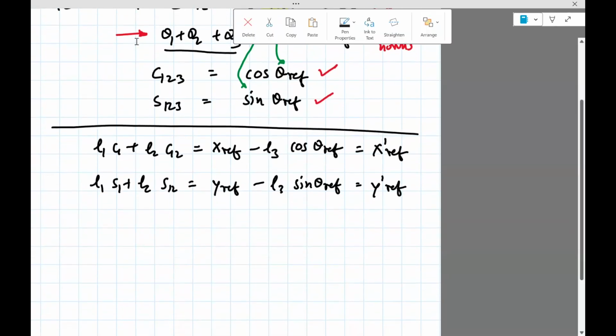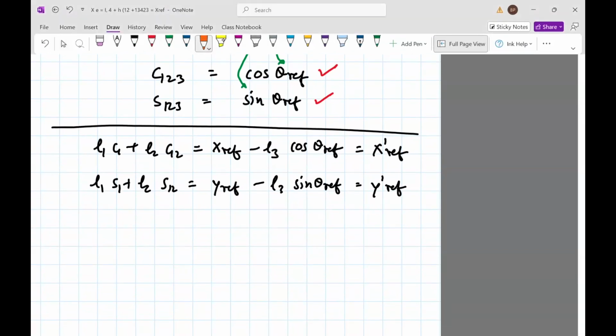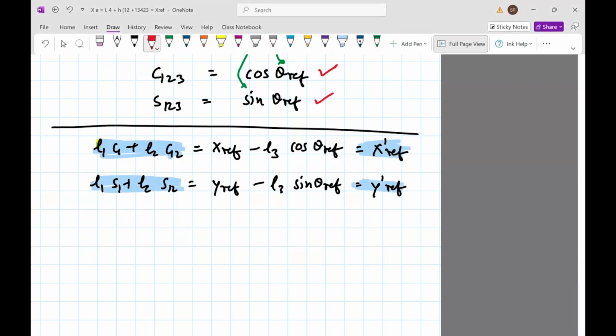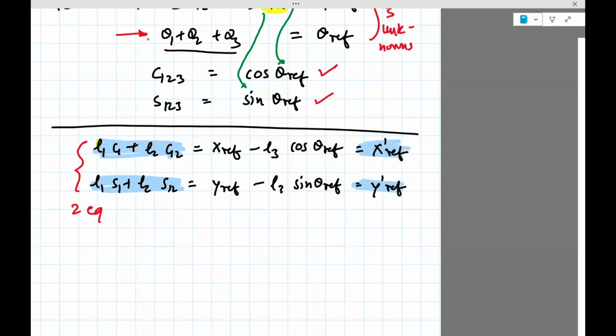Okay, so now I'm solving two equations, two unknowns. This is going to be the first equation. This equals this, and then this part equals this part. Two equations, two unknowns. Again, it's a nonlinear equation because you have the cosines and sines sticking out.